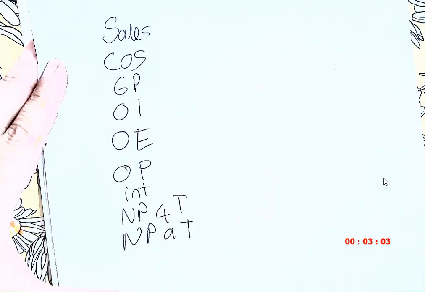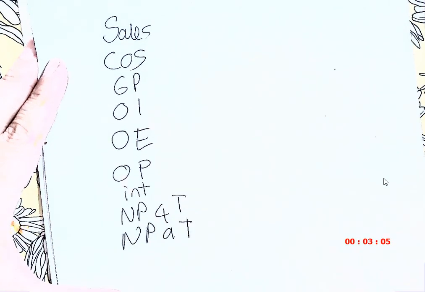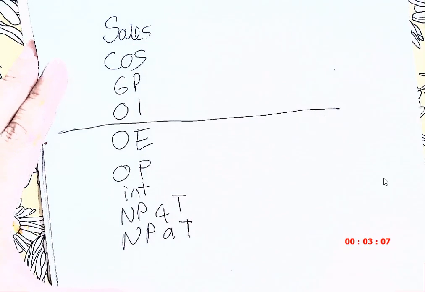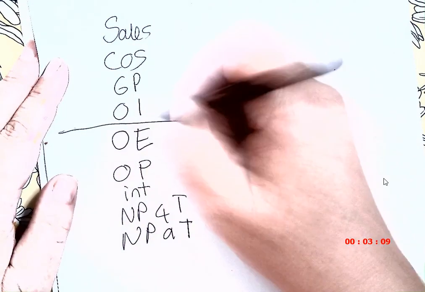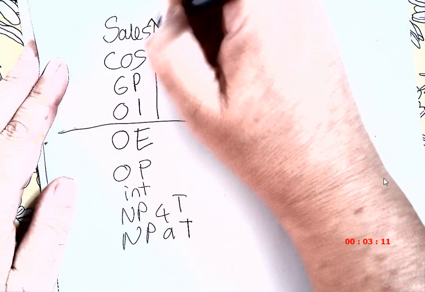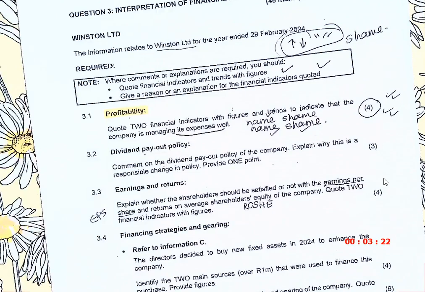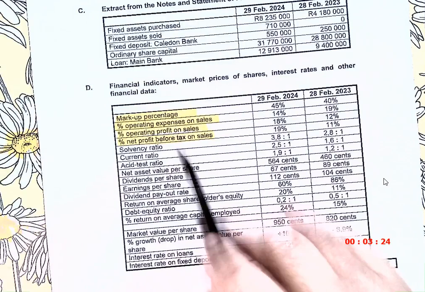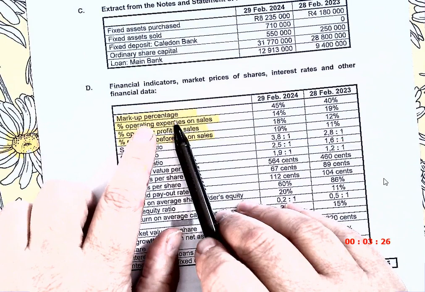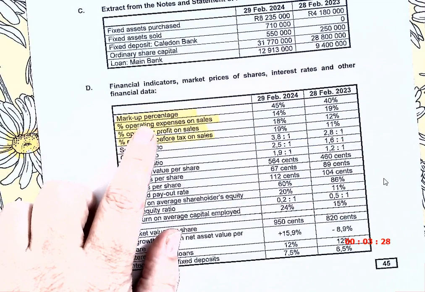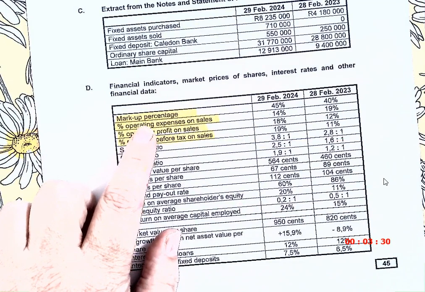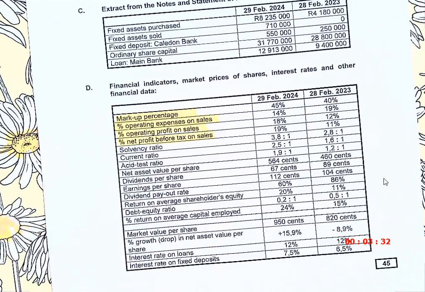Do you agree with me that expenses only start here? So the ratios that they give me, from the start till operating expenses, have no bearing on the operating expenses. I will not see the influence on operating expenses if I go to ratio markup percentage, because what's the markup percentage? Gross profit over cost of sales. It's right there at the top.